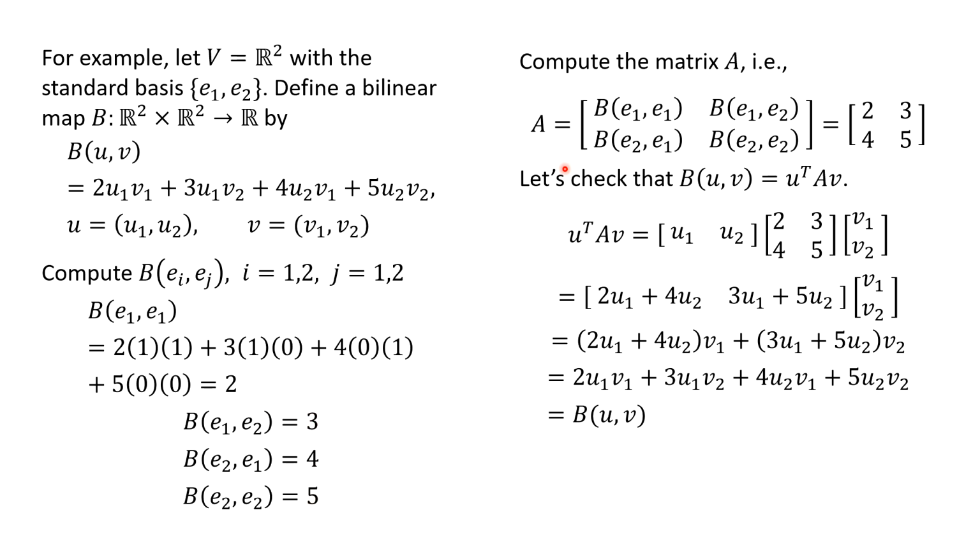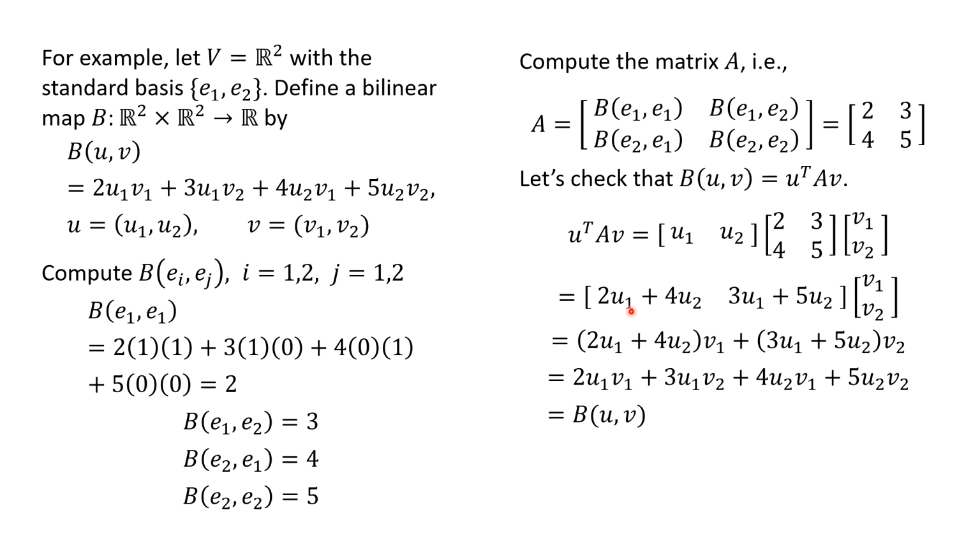And then we plug this into A. We get this matrix here. And that's really our final solution. But let's check to show that this expression u^T A v actually results in this same transformation that's defined at the beginning. So we put in u as a row vector, then A times v as a column vector.